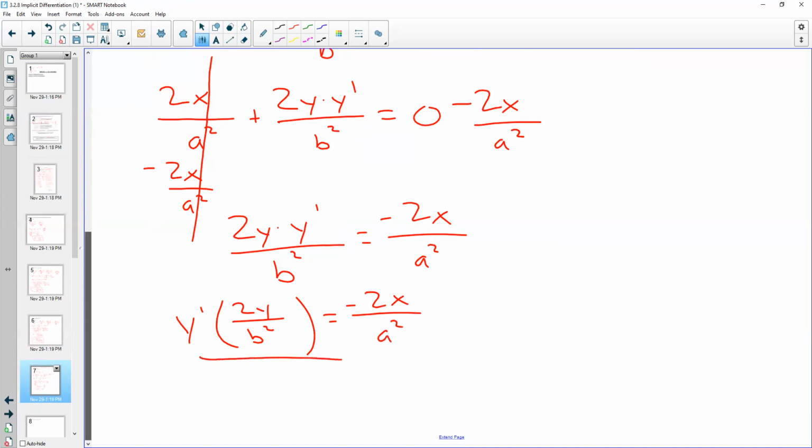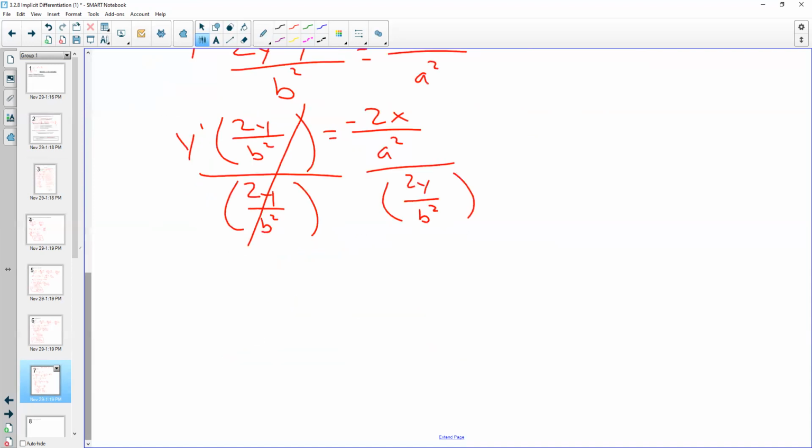Divide by our 2y over b squared. So that will cancel. And when we divide by a fraction, we multiply by the reciprocal. So y prime is equal to negative 2x over a squared multiplied by b squared over 2y.